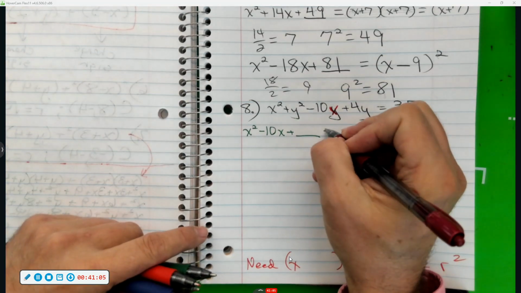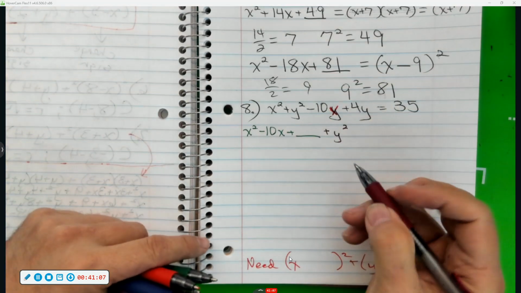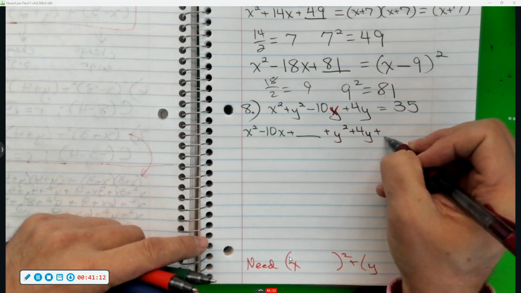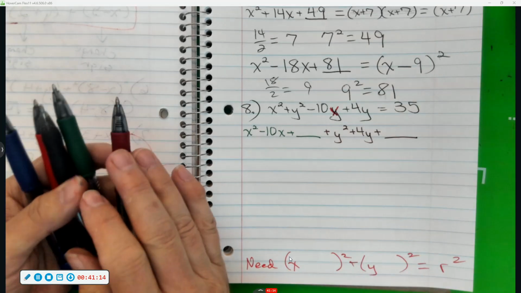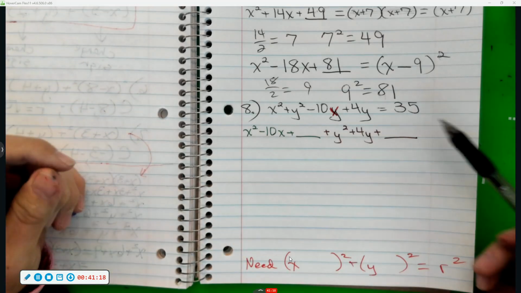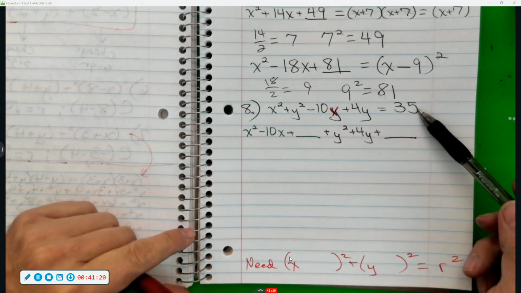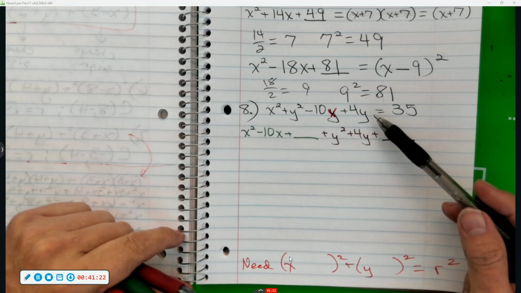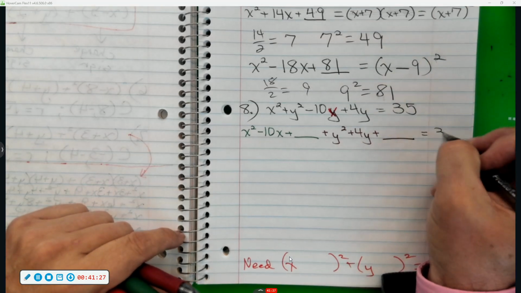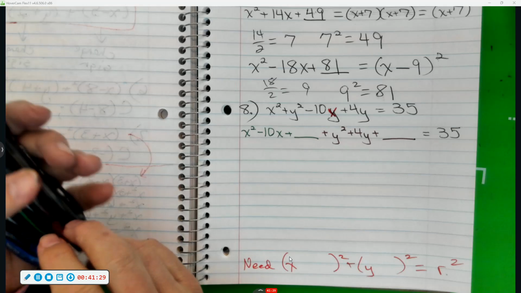So I'll say plus y squared plus 4y plus, skip some space. Well, they did help you out a little bit. They already have the 35 on the right-hand side. If it had been over on the left side, you would have had to move it over, but as it is, they already have the 35 on the right-hand side.